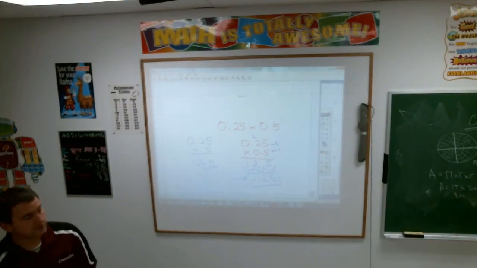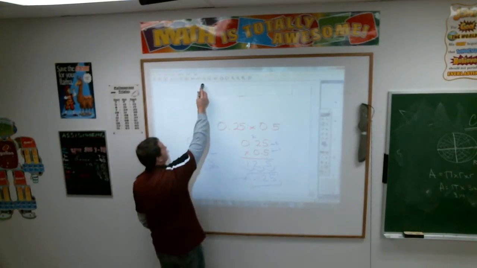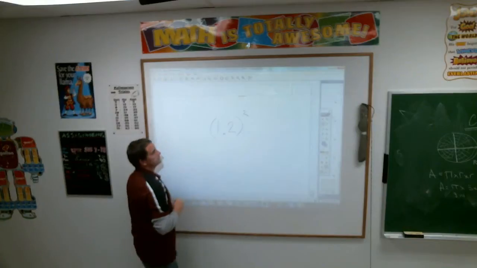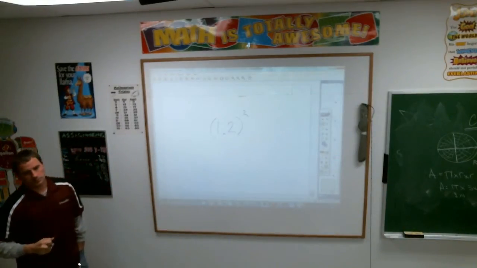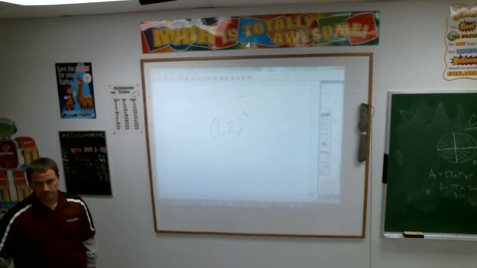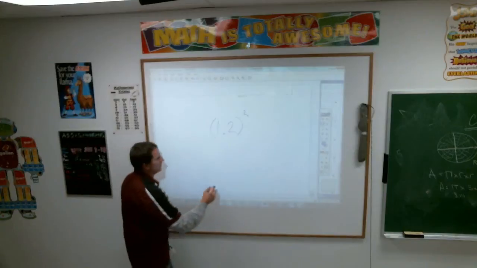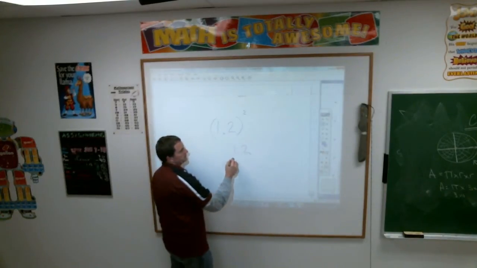Let's try another one. How about this? This gets exciting. What would be the answer to 1.2 squared? What do you suppose the answer to that would be? 1.2 times 1.2, that's what squared means. What is 12 times 12, anybody?